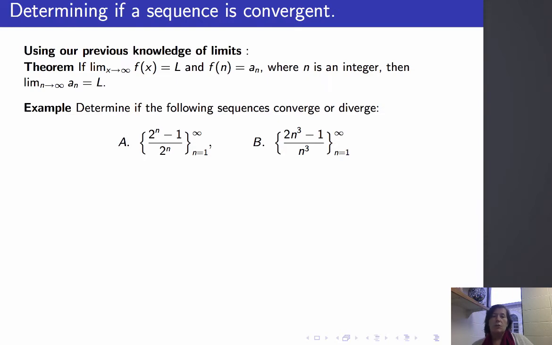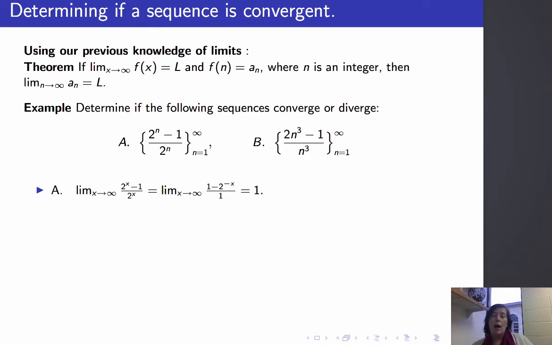Here's an example to show what I mean. Let's suppose we want to figure out if this sequence on the left converges or diverges. The sequence is (2 to the n minus 1) over 2 to the n, and n runs from 1 to infinity. Well, in its description as a function of n, I can replace the n by x, and I get a nice continuous function. And that function, as x approaches infinity, has a limit.